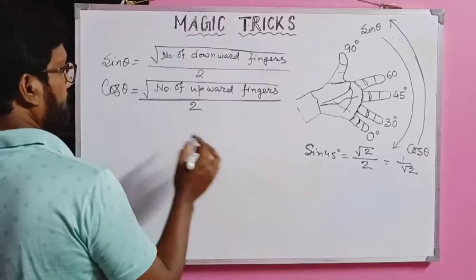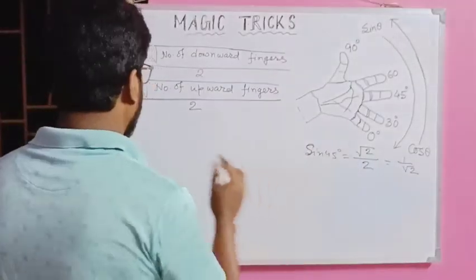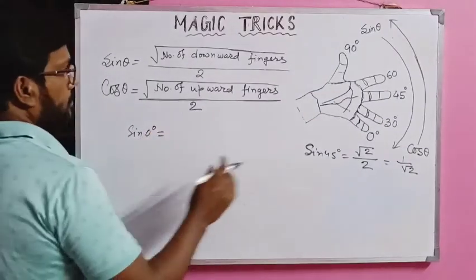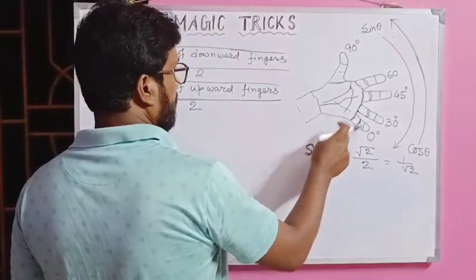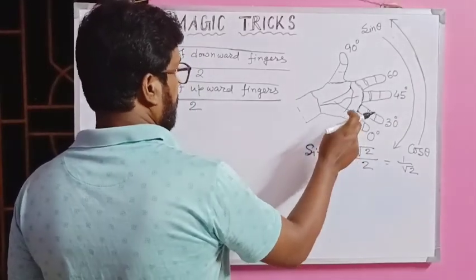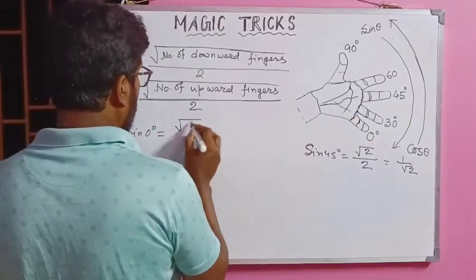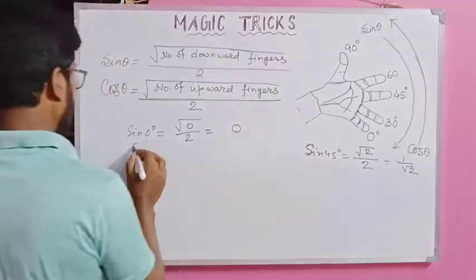Sin theta: I am going to calculate every one. Sin 0 degrees equals, here is 0 degrees, there is no finger left in the downward direction except this finger, therefore root 0 by 2 equals 0.